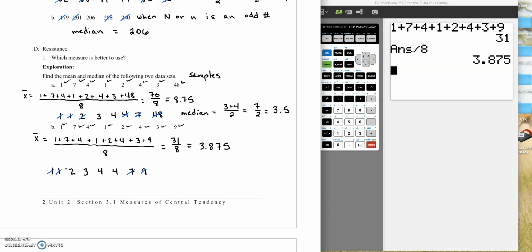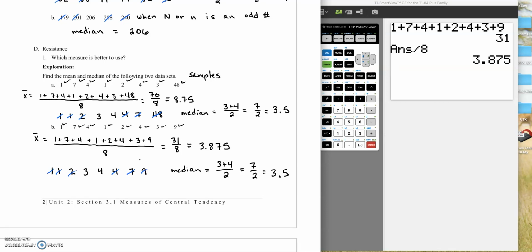The 7 and the second 1 are gone. 2 and one of the 4s is gone. So we're left with the median being 3 plus 4 over 2 again, which is 3.5 when we put it in the calculator.